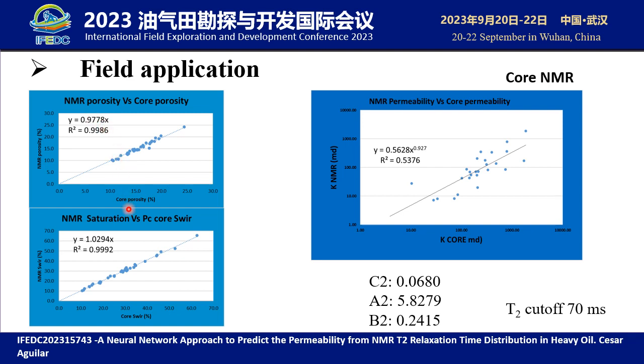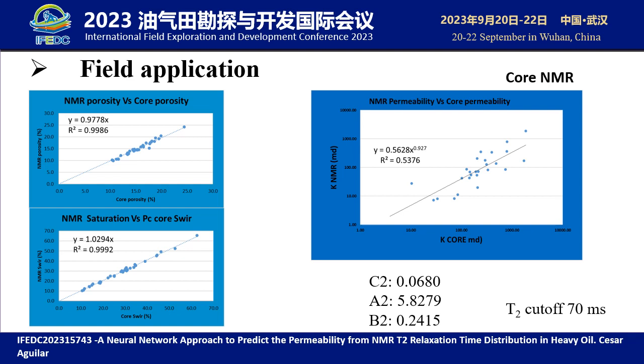The same occurs with irreducible water saturation derived from NMR compared with irreducible water saturation derived by capillary pressure test. High correlation coefficient and the slope is almost 1.